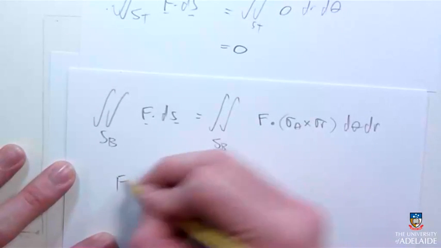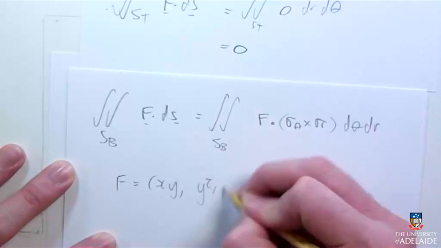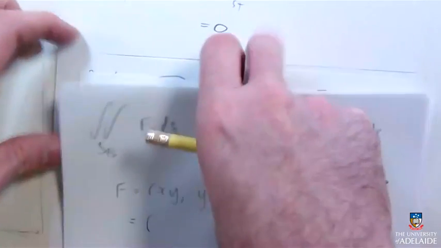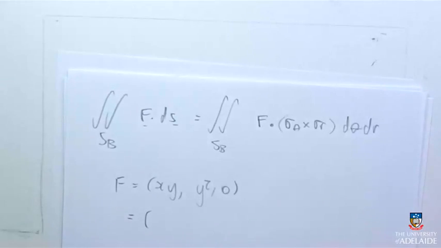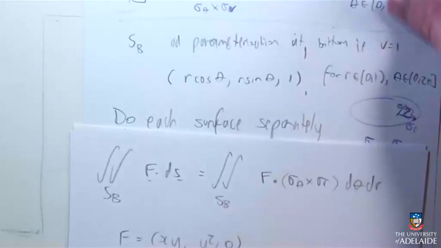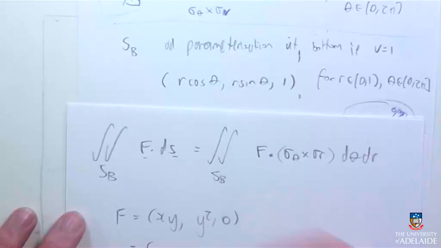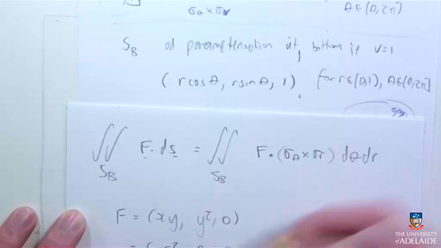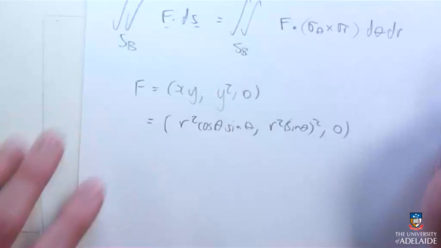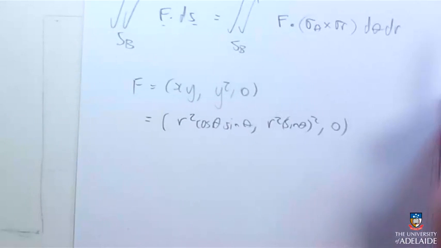Okay, so my f is xy, y squared 0, which is, according to this new parameterization, r squared cos theta sine theta, r squared sine theta squared, 0. Not that we need to know this because it looks like it's going to turn out exactly the same sort of thing, but just for completeness' sake.